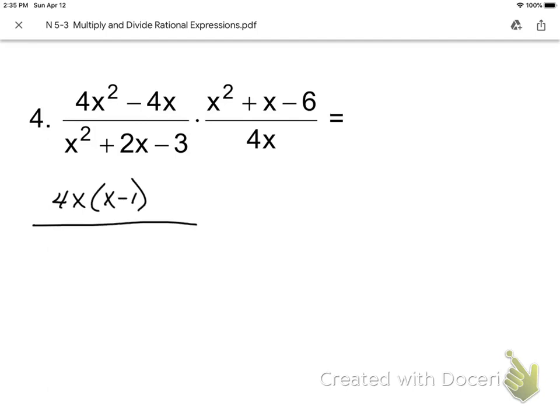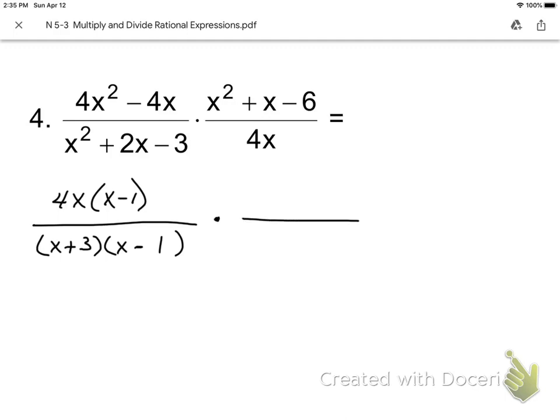In our first denominator, we've got 2 sets of parentheses. You've got x, and I've got a plus and a minus. And 2 numbers that will multiply to be 3 and add to be 2. So if it's a plus 3 and a negative 1, those will multiply to be negative 3 and add to be positive 2.